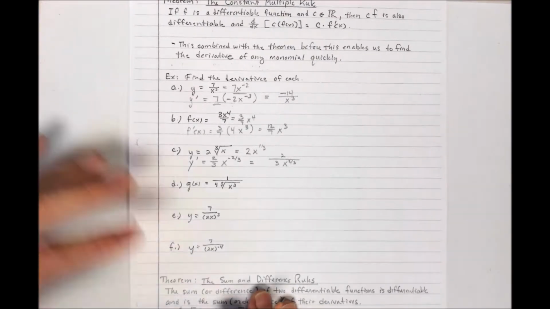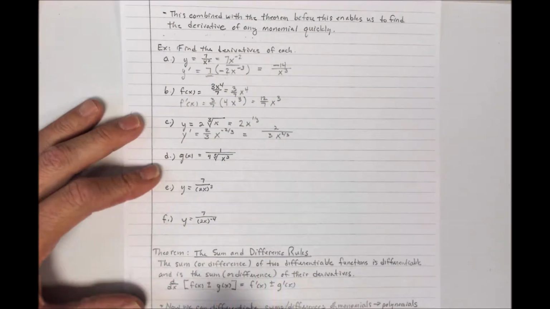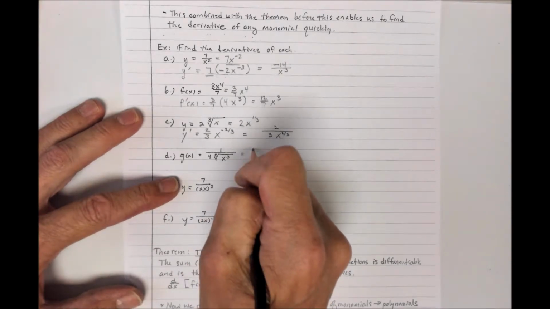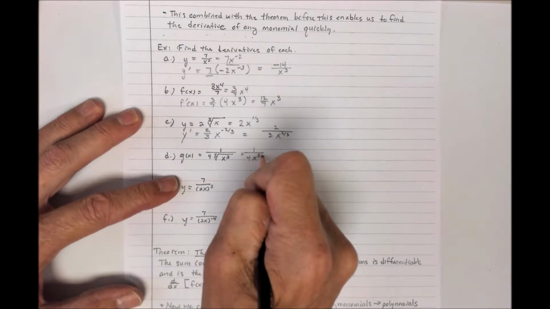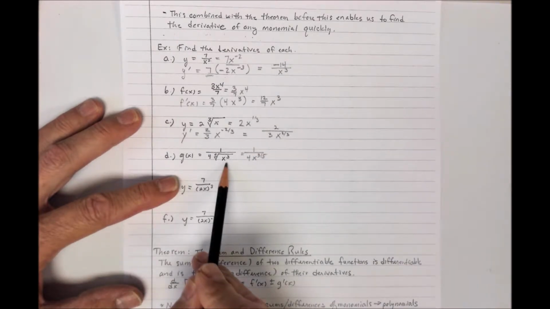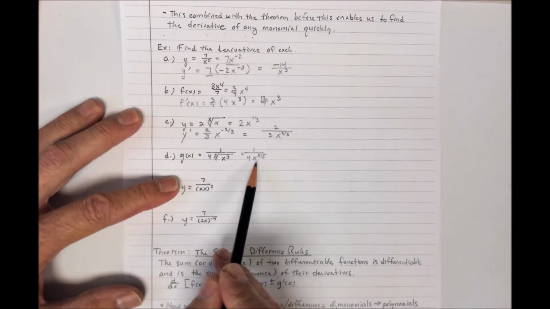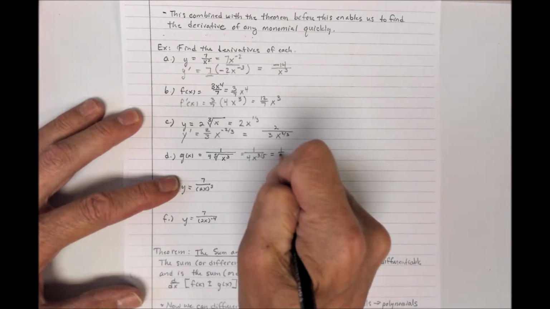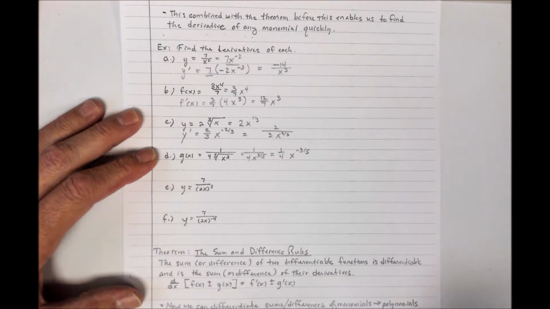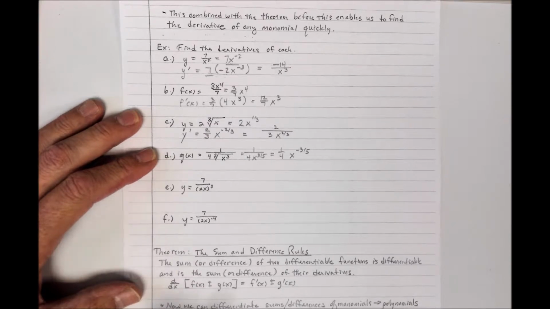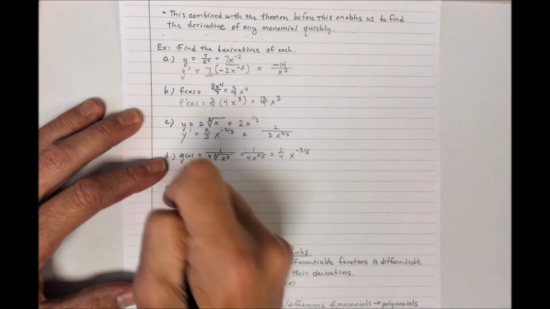Oh, they just get more and more interesting here. This one here I'm going to write as 1 over 4x to the 3/5 power. That's what the fifth root of x to the third is, 3/5 power. Then I'm going to write this as 1/4 x to the negative 3/5. By first rewriting it into a form where it looks more like a constant times a variable to a power, I can use the constant multiple rule and the power rule, and I can find g prime.